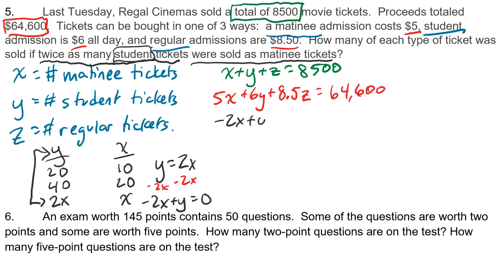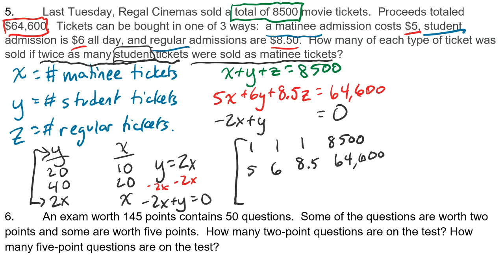All right, let's go ahead and put this into a matrix. So we're going to get 1, 1, 1, 8,500, 5, 6, 8.5, 64,600, and negative 2, 1, no z's, so I'm just going to put 0, and 0.